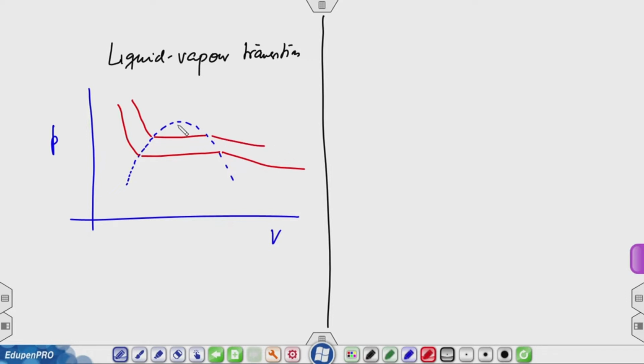And as you approached this point called C, the curve became like this. And this C we called the critical point.